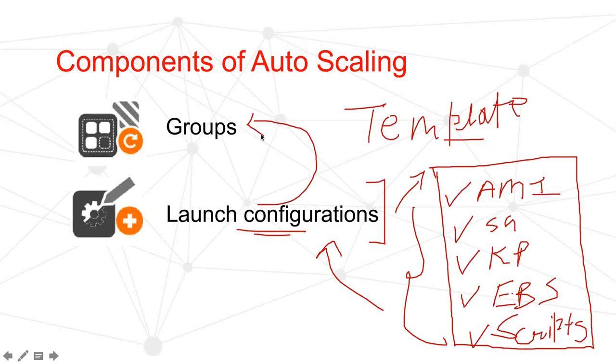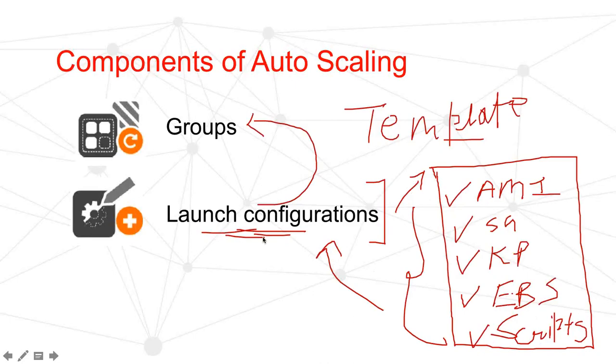Right? Because if I'm saying that your instances will launch automatically, how on earth will the instance get its configuration automatically? I have to apply some template. The template that I have to apply on those future instances would be the launch configuration. It contains everything, starting from AMI, EBS volumes, security groups, key pairs, scripts, everything that is required to boot your instance.